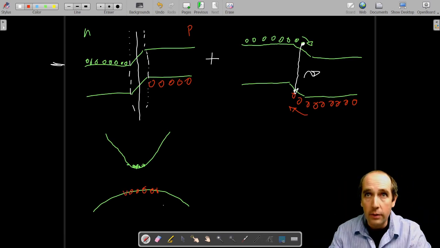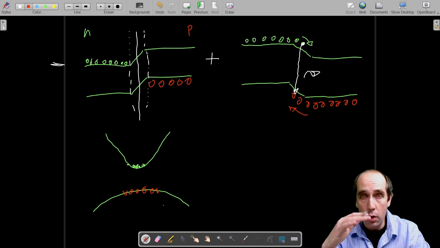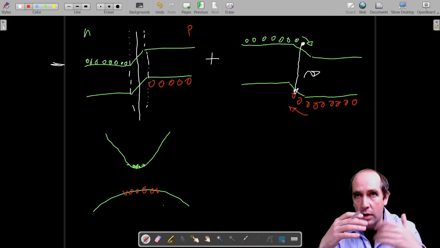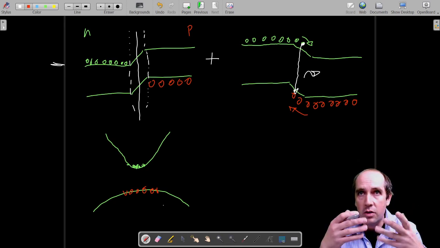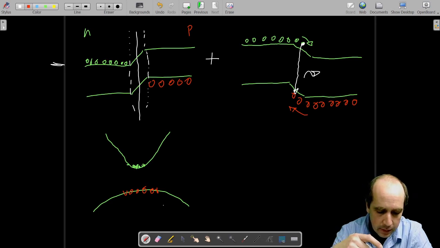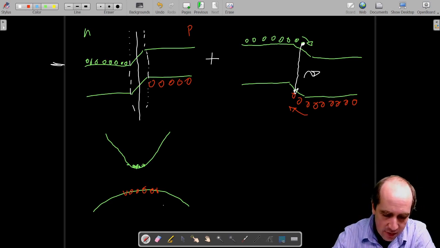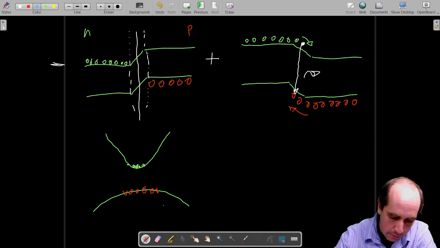So the electrons will try to lower their energy as much as possible within the band, the holes will try to lower their energy, but increase their position in the band. And this means that now at least transitions here in the vicinity of the band gap will occur. So these transitions will start occurring.